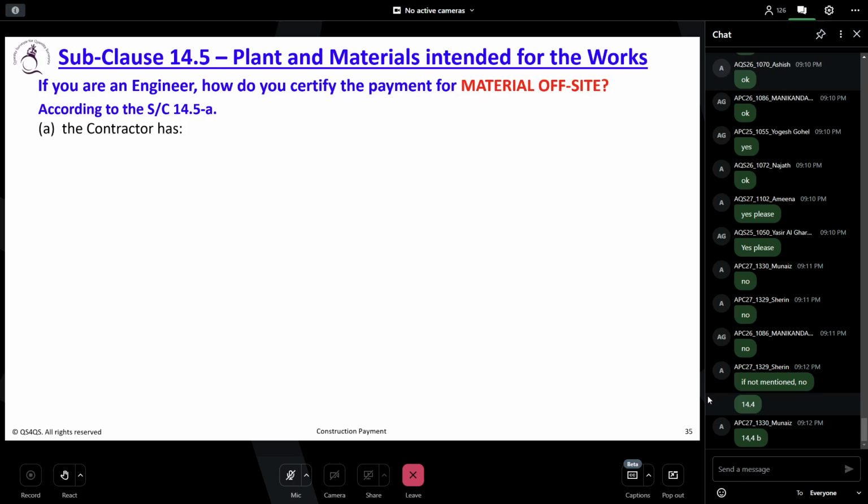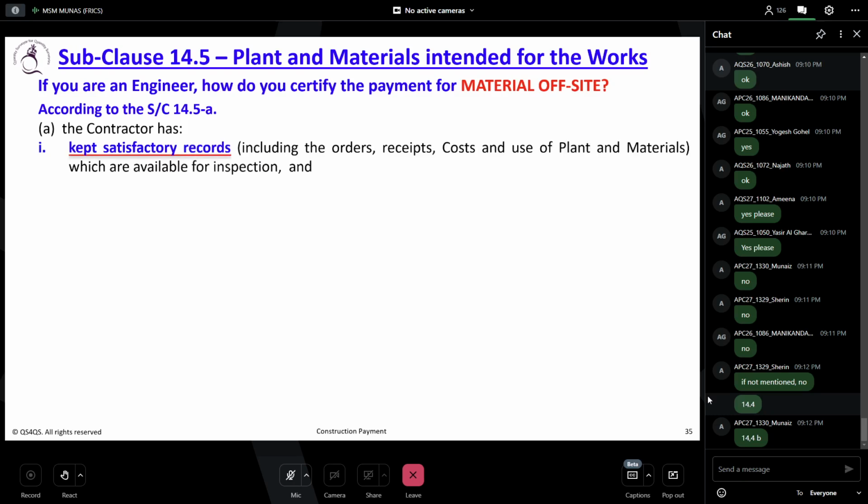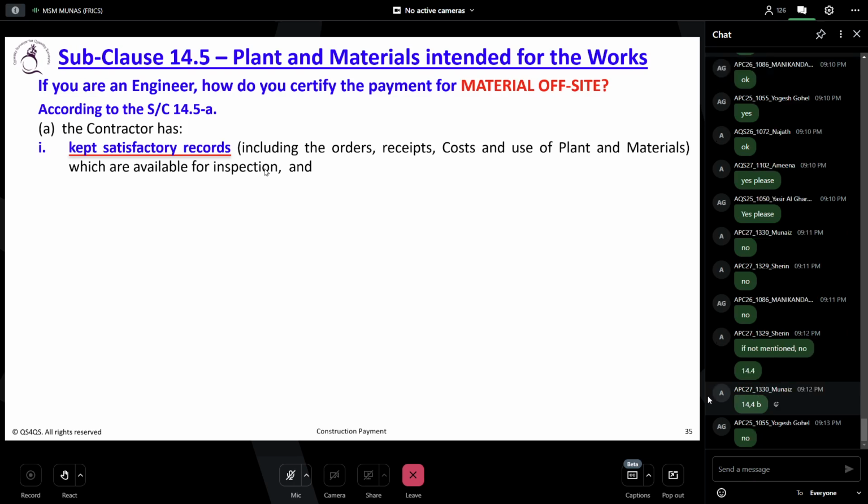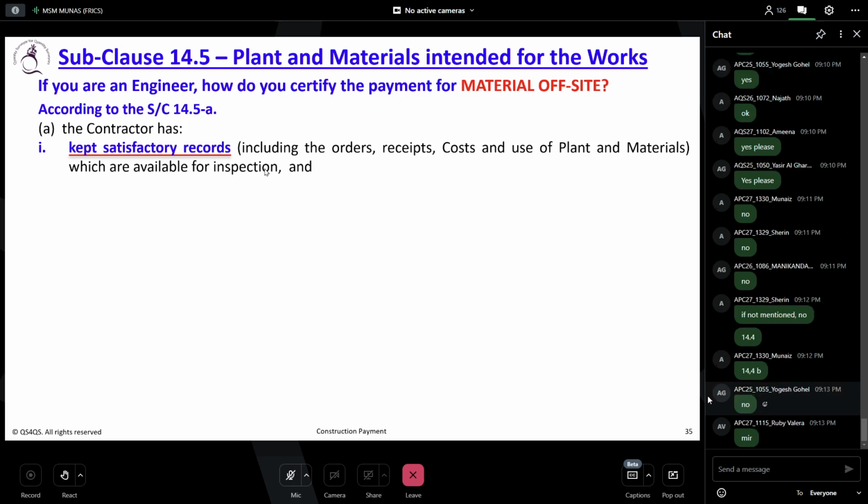The contractor has kept satisfactory records. Now, do you understand? No records, no payment, right? So you have to have the records, such as they say, including the order, receipt, cost, and the use of the plant and material, which are available for inspection. If you are a consultant, without record, are you going to certify? What do you think? So if you are a contractor, you submit without any documents.